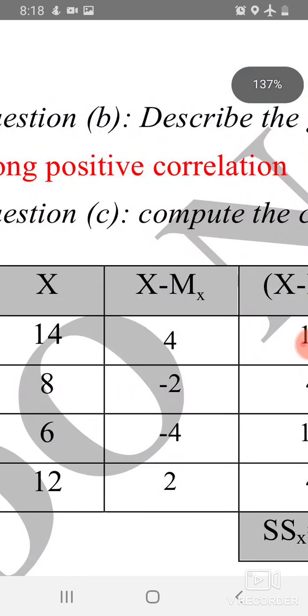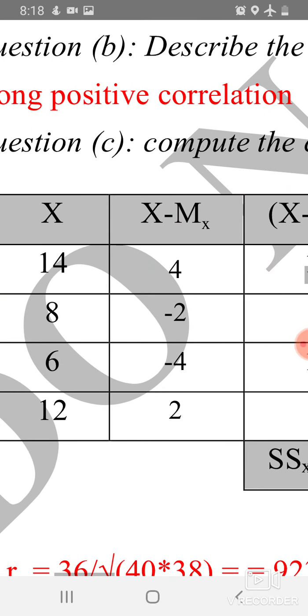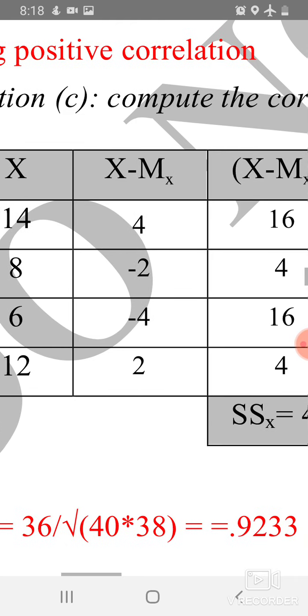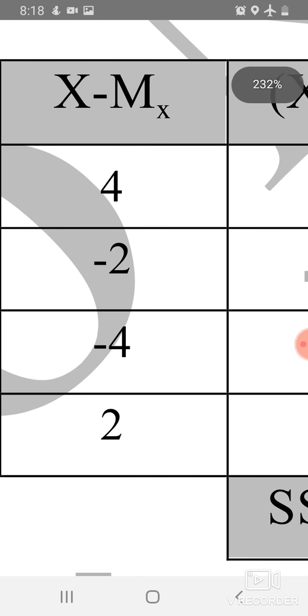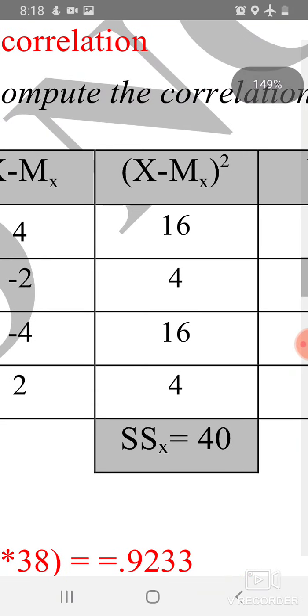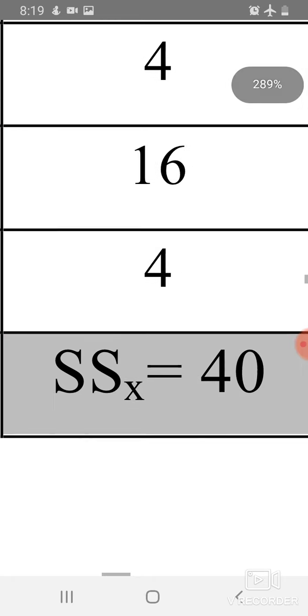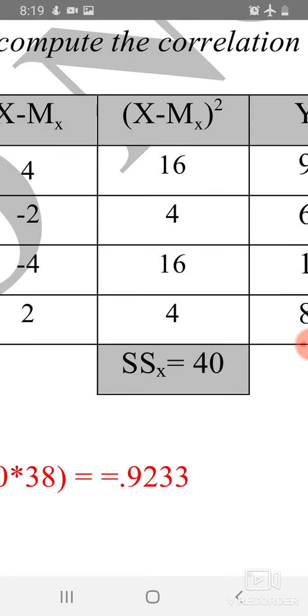Sound familiar? 14 minus 10 is 4. 8 minus 10 is -2. 6 minus 10 is -4. And 12 minus 10 is 2. Now you have your 4 deviation scores. Next, you square those numbers, you add them up, and you get the sum of squares for variable x.